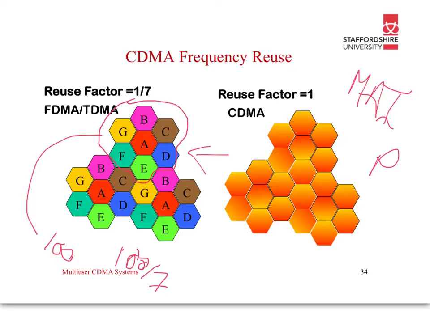We don't want to overlap these cells, so the first channel will be used in cell A, the second in B, third C, fourth D, fifth E, sixth F, seventh G, eighth back in A, the ninth in B, and so on and so forth, because we don't want the channels to be next to each other, because then they're going to interfere with each other more.